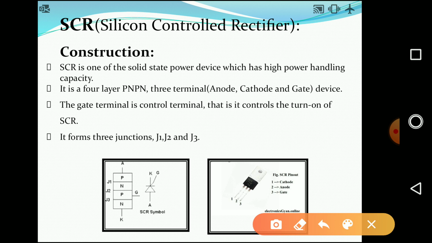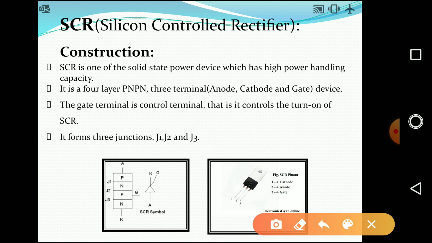So generally SCR is a 4 layer, 3 terminal, 3 junction device. The 3 terminals are the anode, which is connected to the outer P layer, the cathode, which is connected to the outer N layer, and the gate, which is connected to the inner P layer.